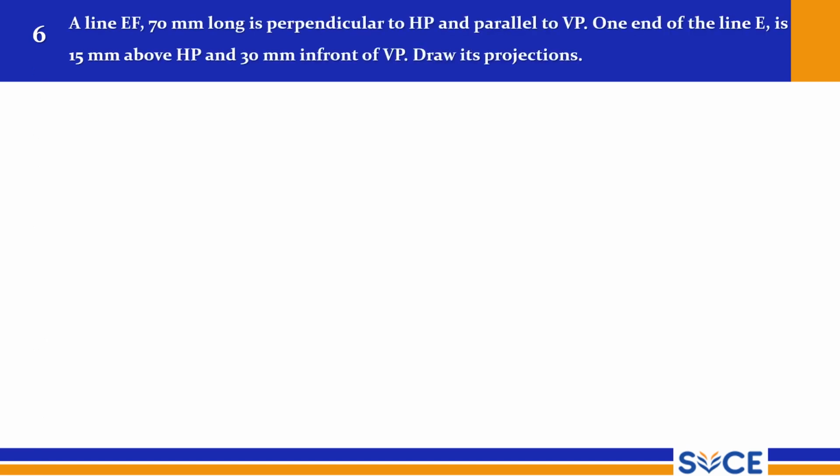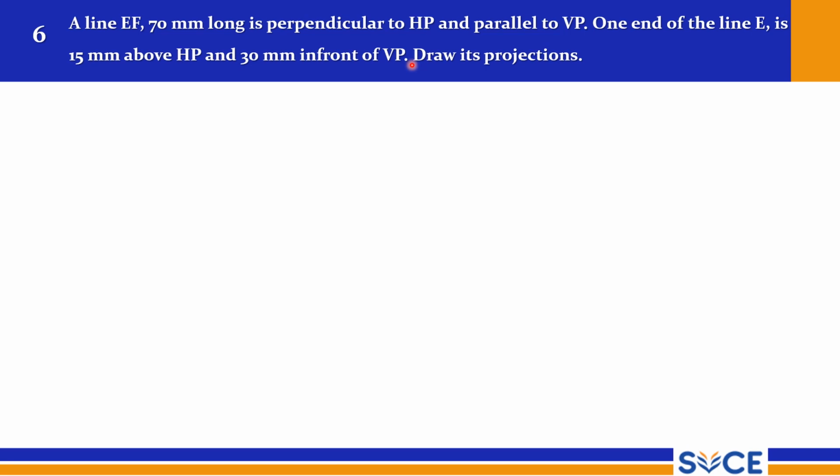So, next problem: a line EF 70 mm long is perpendicular to HP and parallel to VP. One end of the line, E, is 15 mm above HP and 30 mm in front of VP. Draw its projections. So the line is perpendicular to HP and parallel to VP.